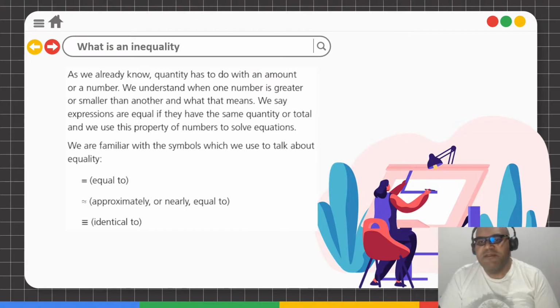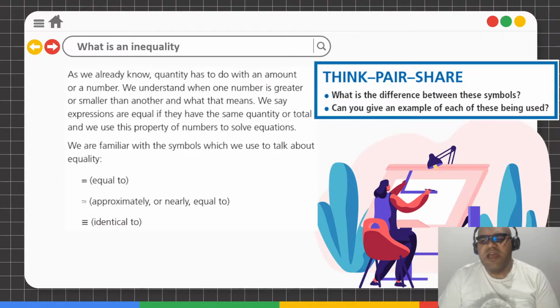We are familiar with some symbols in math already. The equal to, the two dashes here. We have the approximately or nearly equal to, the two squiggles together, and the identical to, which is three dashes. Great, just be sure they are very equal.